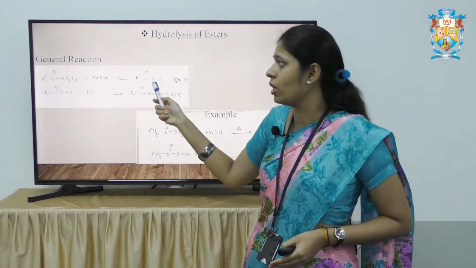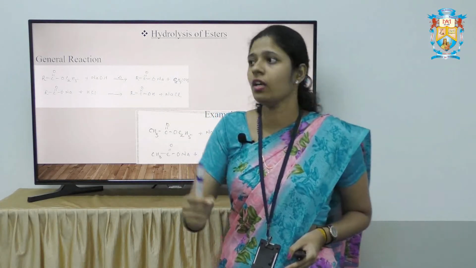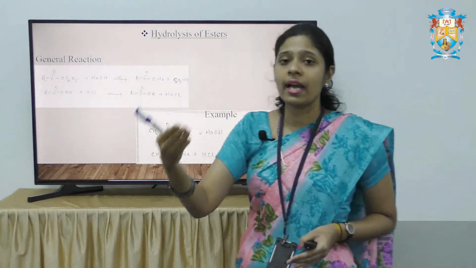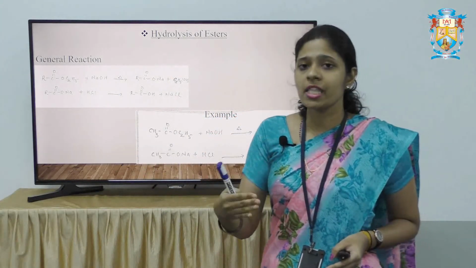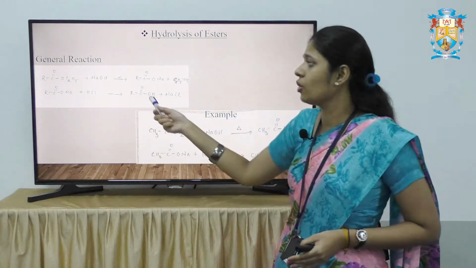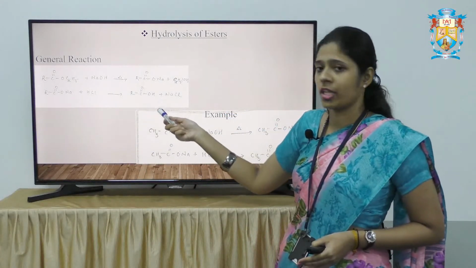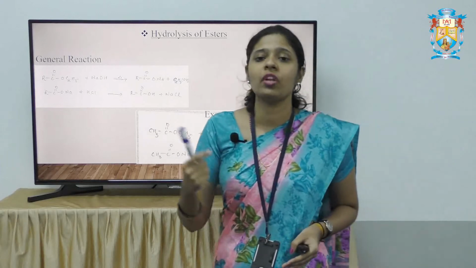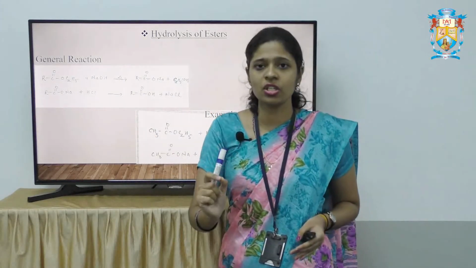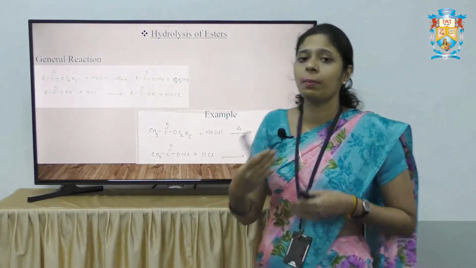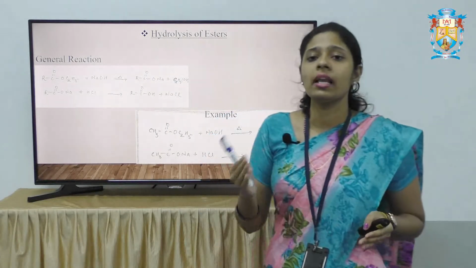Now this sodium salt, on further addition of acid, that is hydrochloric acid, will undergo acid hydrolysis and you will get your acid, that is monocarboxylic acid, and the byproduct will be salt, that is NaCl. So this is just a general reaction in which the R group can be replaced by an aryl or alkyl group.